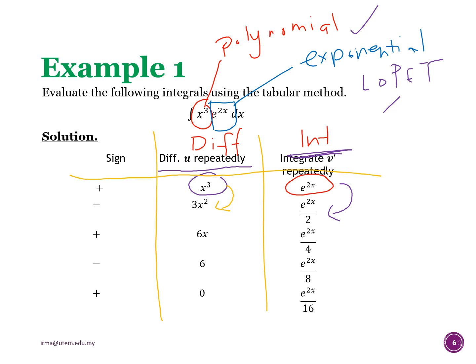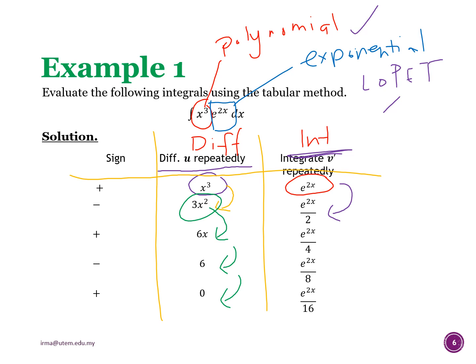So in the first iteration, we still have the second column as a function. What you need to do is differentiate again. This 3x squared, differentiate again with respect to x, and you need to differentiate repeatedly until you get 0.